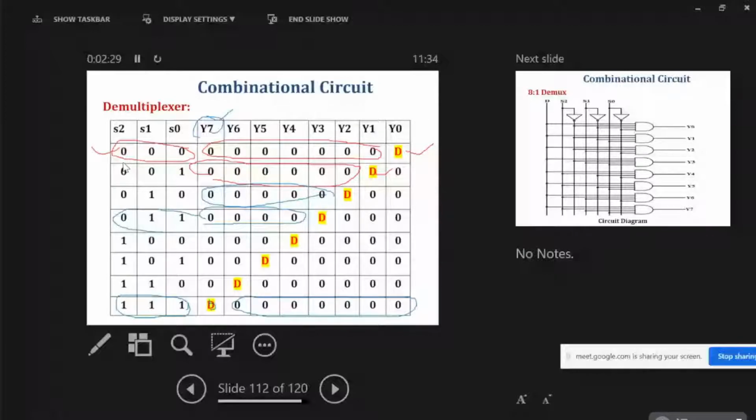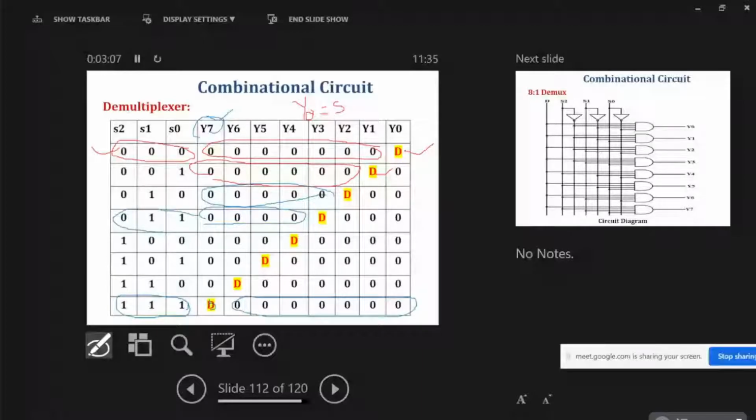So y0 output here, we know from the truth table that for this 0 0 0 combination, the output appears across y0. Other than this y0, the other lines are 0, so we don't need to find the expression for them.